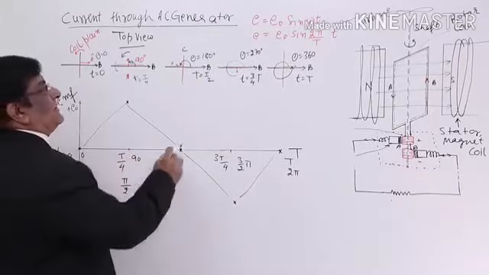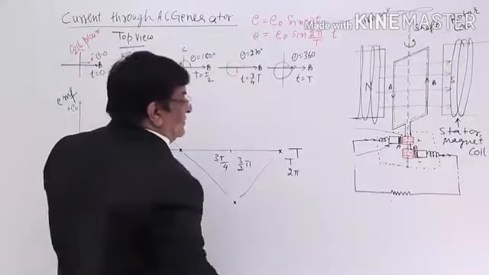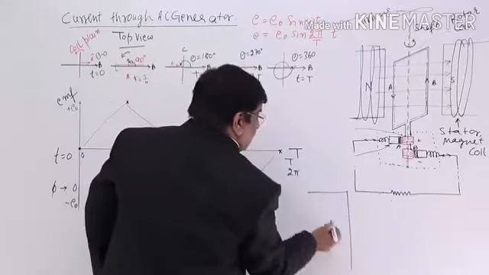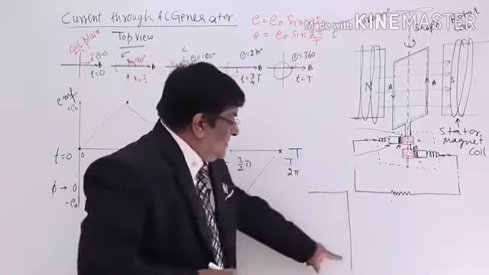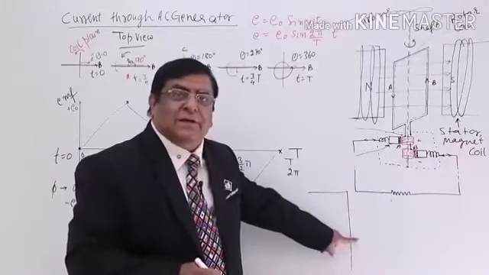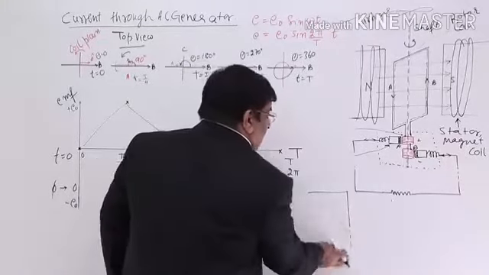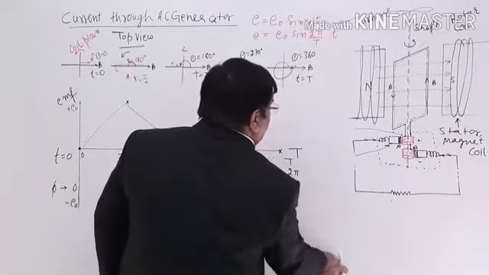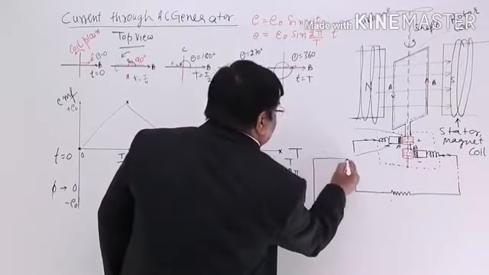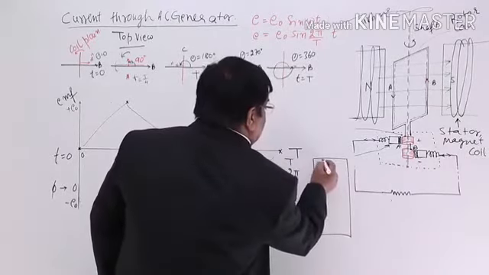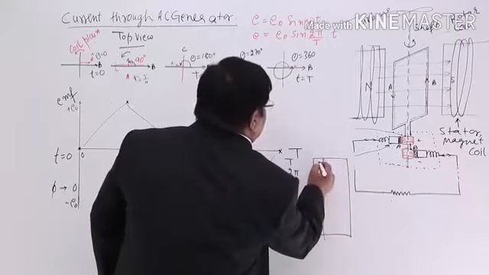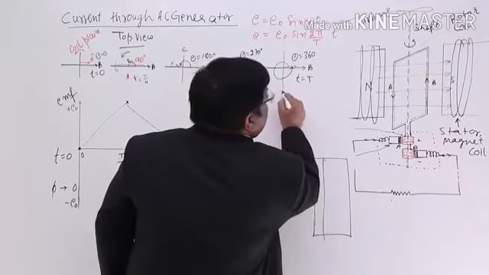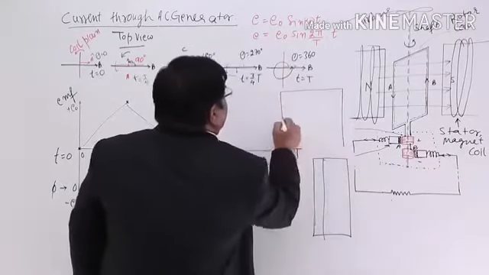From 0 to 90, when the value of sine changes, you see, just for your reference, you might have done it in mathematics. So I will show you according to that. See, this is 0.